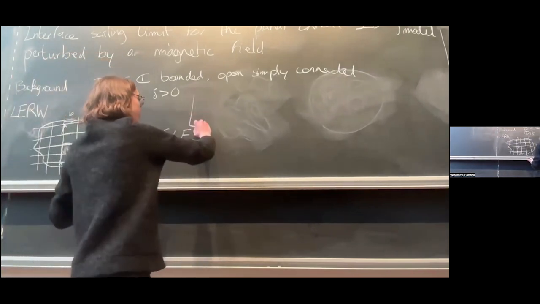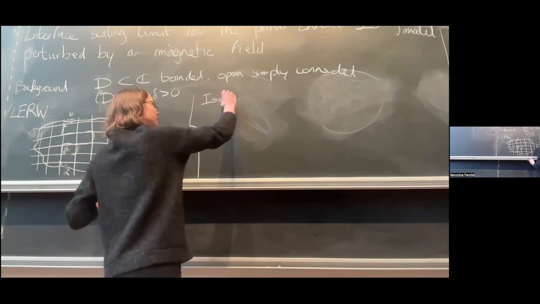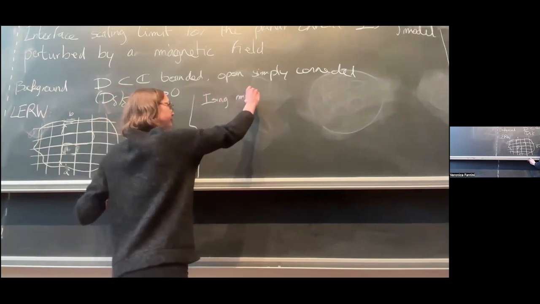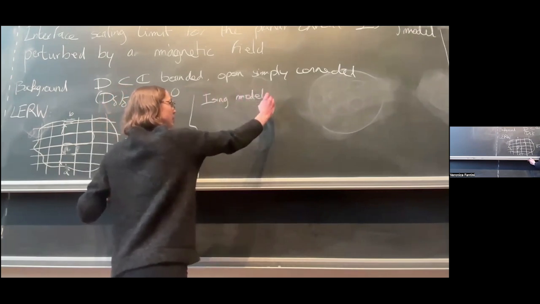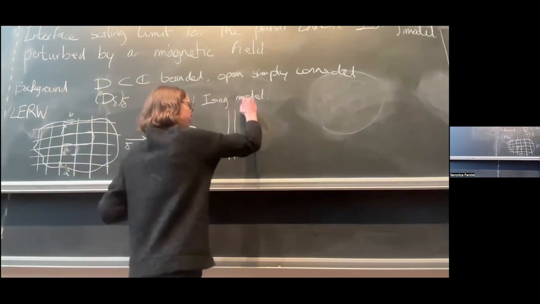Then another famous example that will be important is the Ising model. You still have your square lattice.